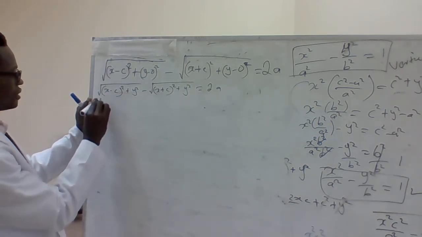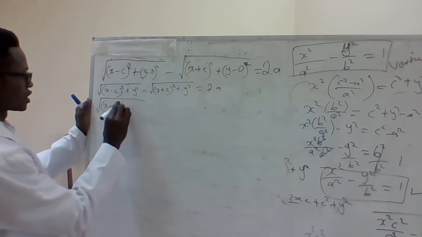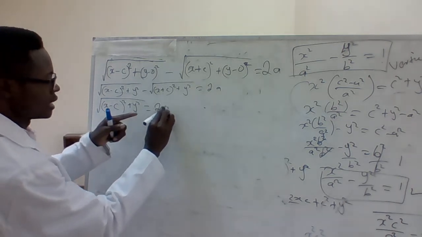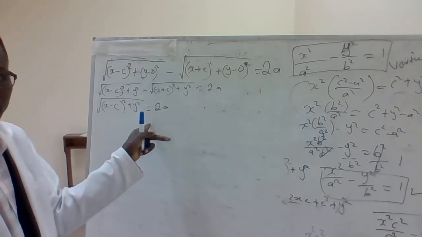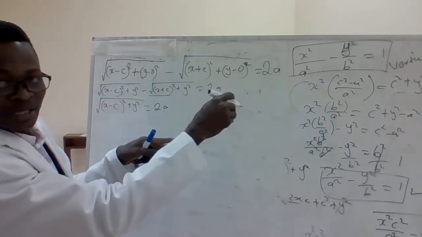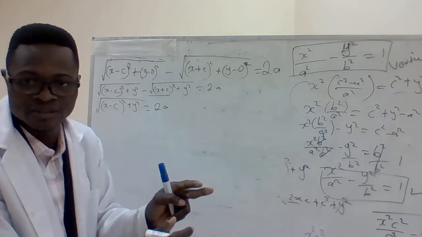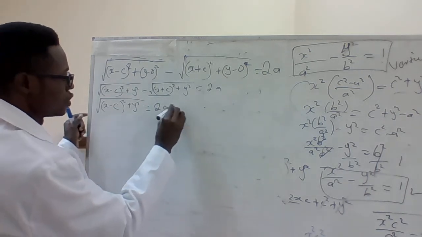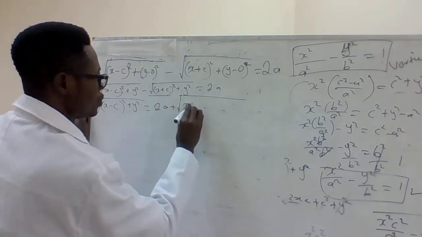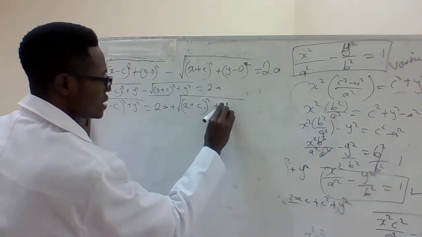So we are going to have the square root of x minus c squared plus y squared is equal to 2a. We are bringing this 2a to this side. But now, since we have already taken this square root to this side, the negative sign changes to positive. So we are going to have plus the square root of x plus c squared plus y squared.